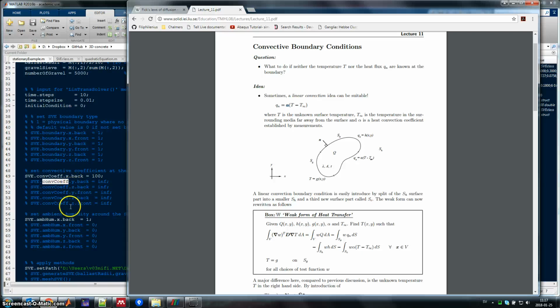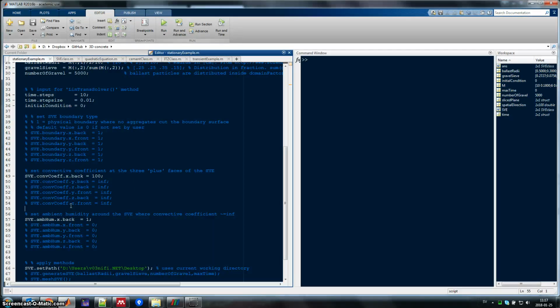Sorry, there is actually a mistake here, it should be x, y, z. Sorry about that. And it's the same mistake over here. It should be x, y, z, x, y, z, and then x, y, z. Okay, so this is how it is.